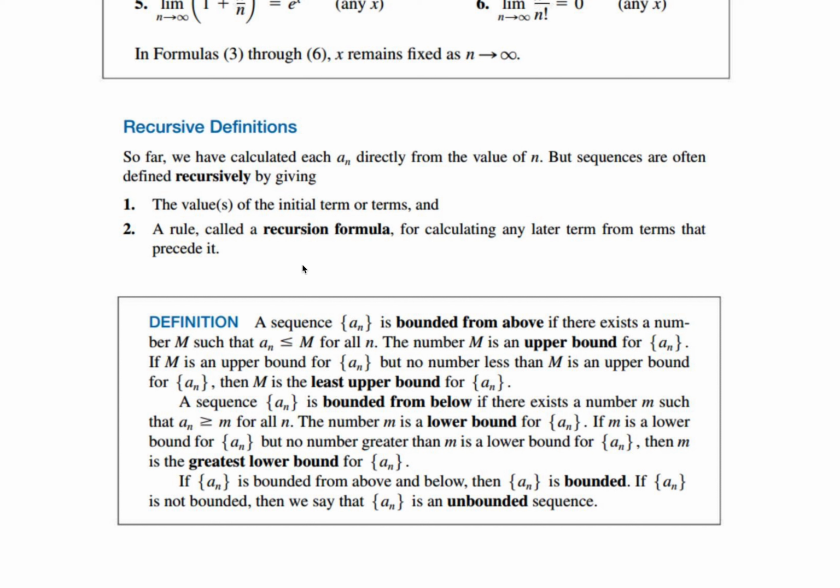A sub 1 is 3, and then it might say a sub n is a sub n minus 1 plus 2. So if a sub 1 is 3, a sub 2 is going to be defined as 3 plus 2 or 5. Then you could say a sub 3 would be 5 plus 2, 7, and so on. That's a recursive definition. And again, we're not going to see that too often in here.